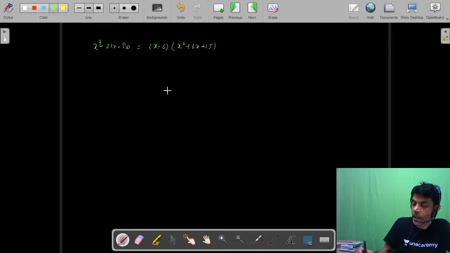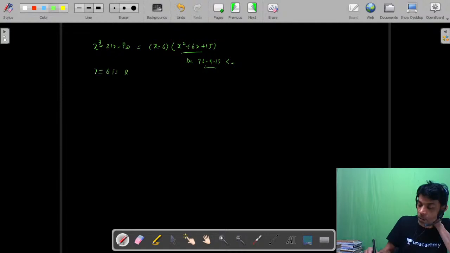For this one, the discriminant, b squared minus 4ac, is less than 0, and so no real root. So x equal to 6 is the only real root.